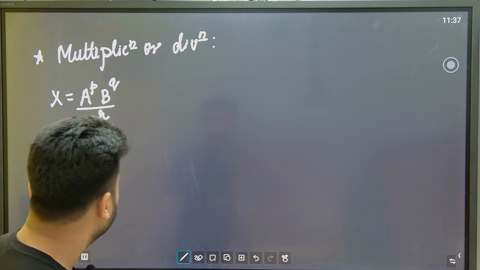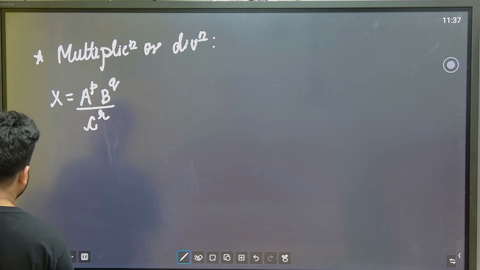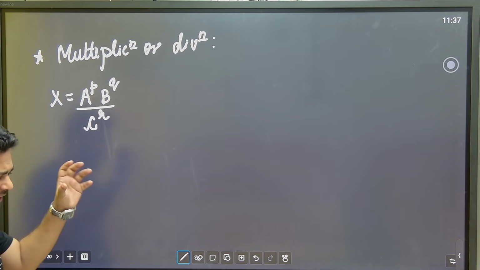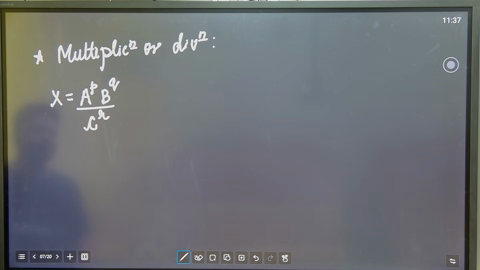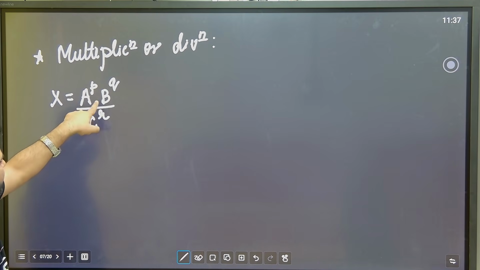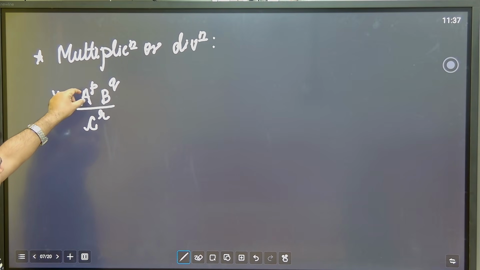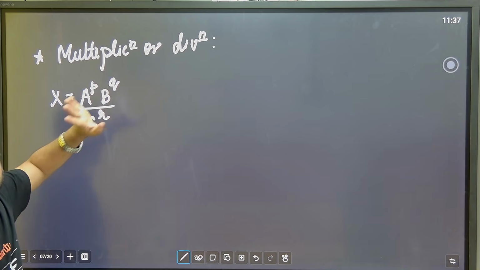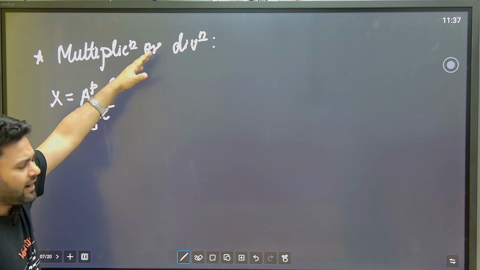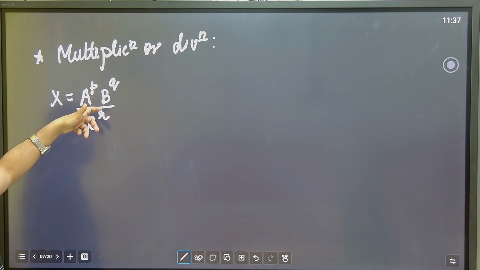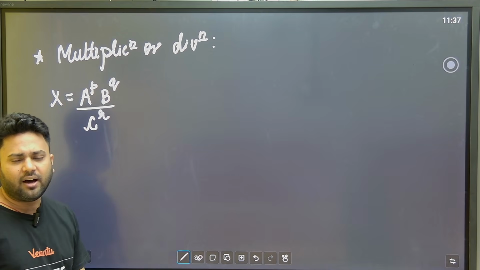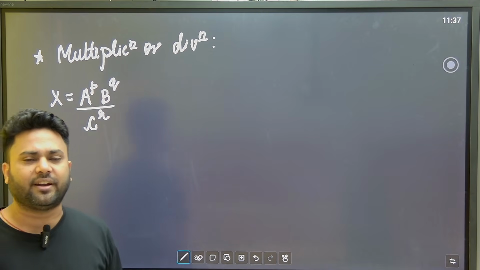See, this is multiplication, a to the power p multiplied by b to the power q, and I have added division also in the same question, divided by c to the power r. In one example, you will be able to understand.